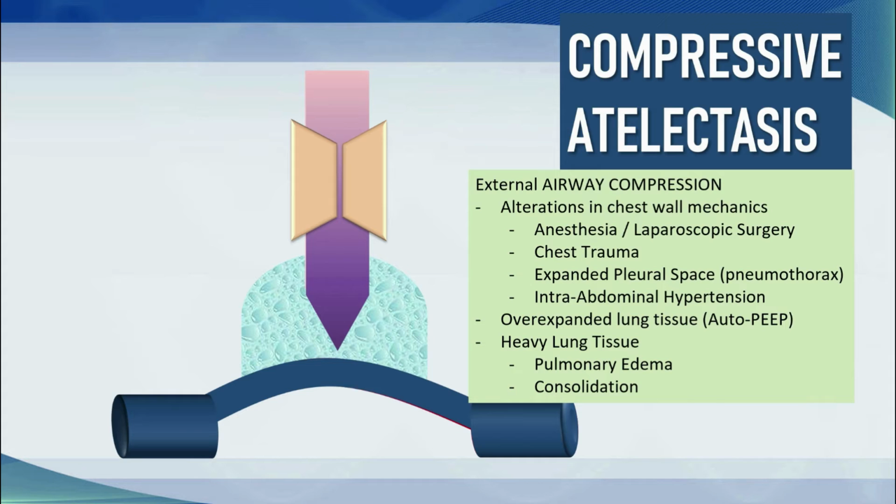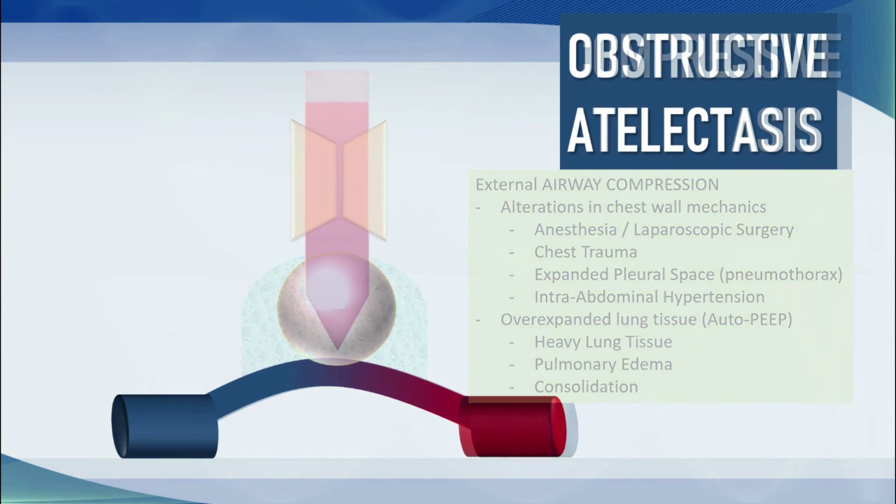It can happen due to heavy lung tissue, and that is where there's pulmonary edema, where the lungs may be very soggy, for example, due to heart failure or due to non-cardiogenic pulmonary edema, such as we see in ARDS or septic shock. And finally, it can happen due to heavy lung tissue associated with lung consolidation.